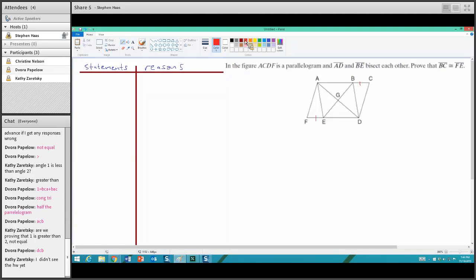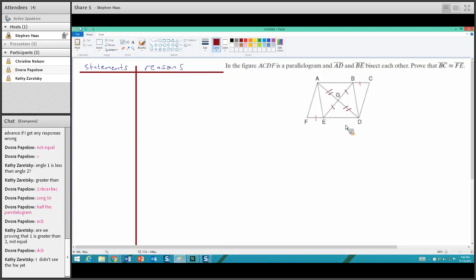What do we have? Well, it tells us that AD and BE bisect each other, which means this is equal to this. It also tells you that this is equal to this, because they do bisect each other. And so how are we going to prove the ends?